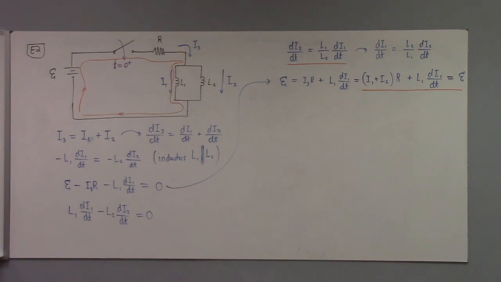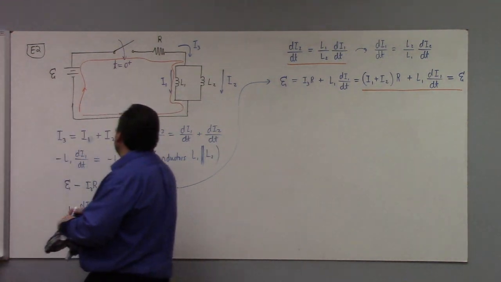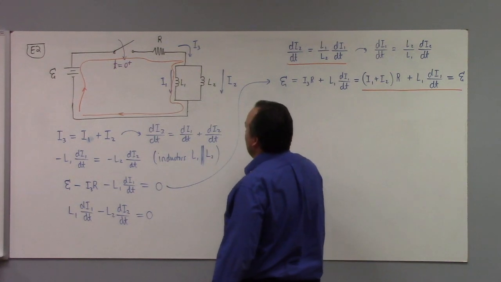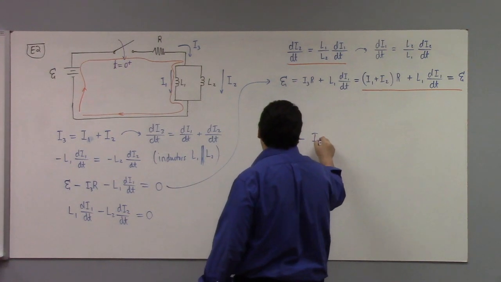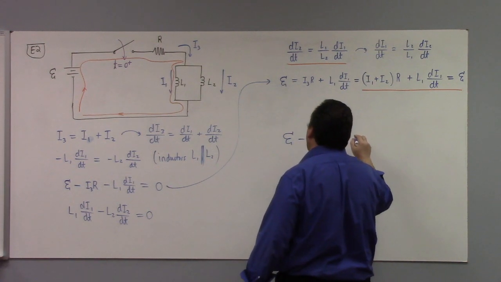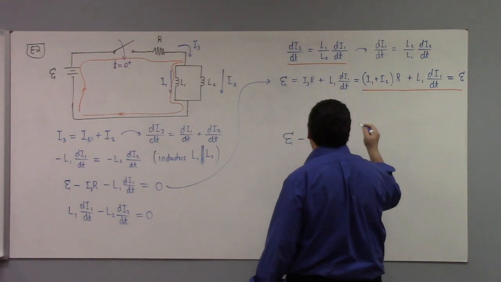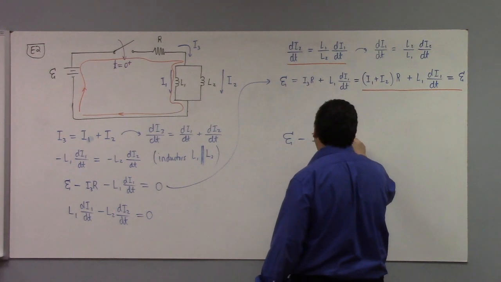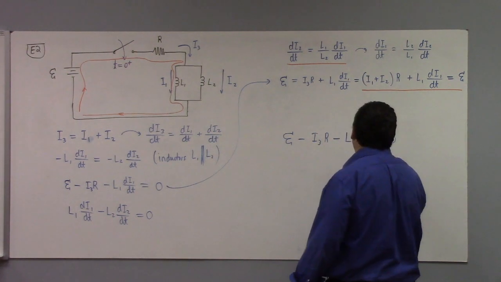All right, so let's move on. The next example then. But I'm pretty sure that what we should find eventually, I would conjecture, after a little bit of struggling, is that the equation E minus I3 R minus L, let's call it L, di3 dt is equal to 0, where L is equal to what?